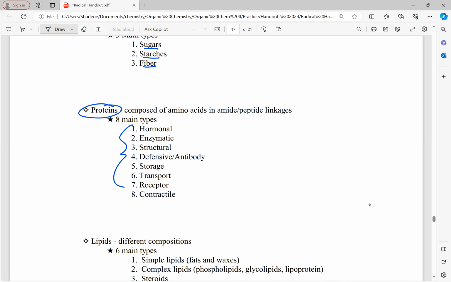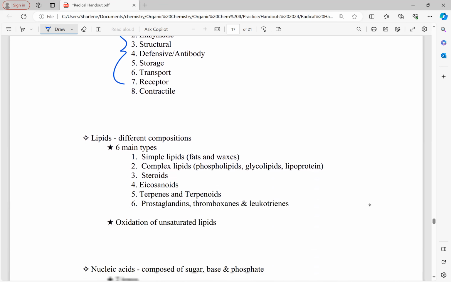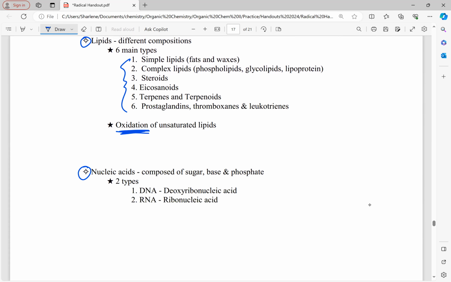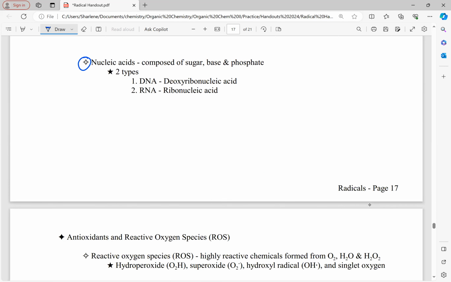We have a whole chapter on proteins, and then lipids. And there's different variations of lipids as well. Now, radical reactions are really important to unsaturated lipids because the allylic location is easily reacted with. And your last one, your nucleic acid. If we get time through the semester, we will be talking about nucleic acids.